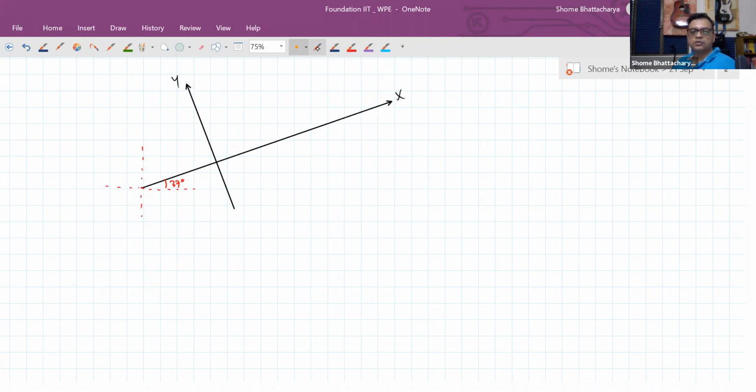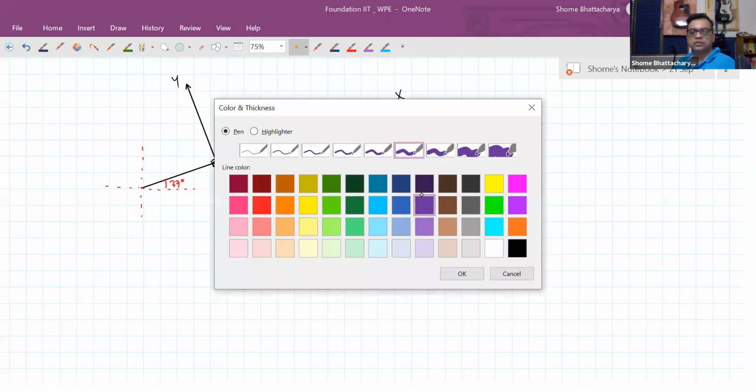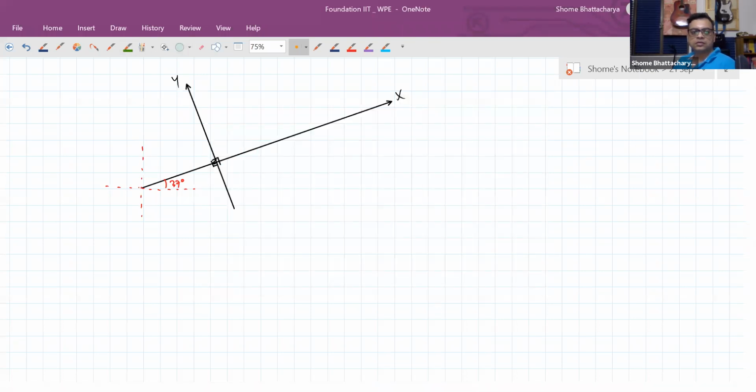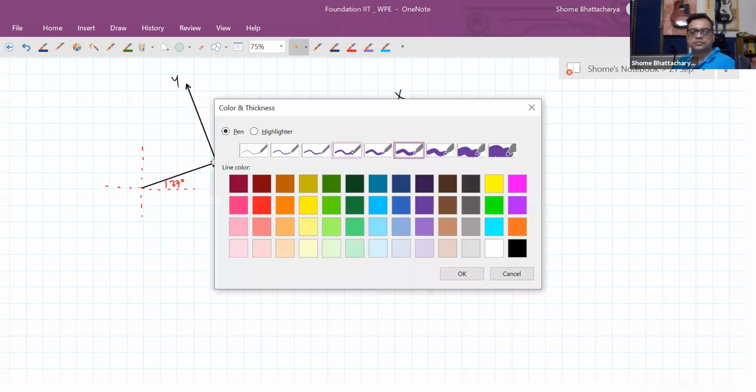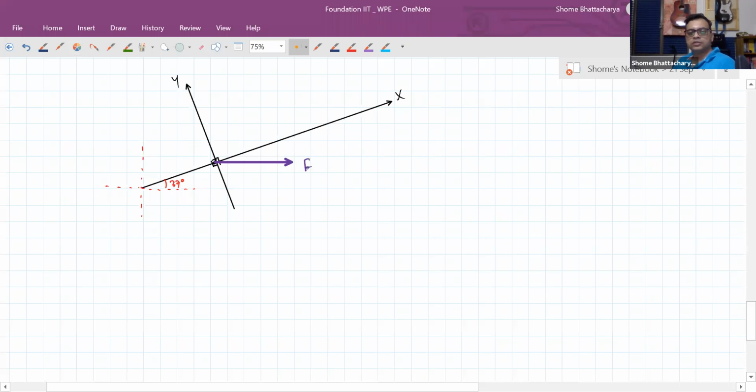So now on this block, the forces that were acting, let's come back to those. So this force that was acting, now this force was of magnitude 50 newtons. Okay, so this angle is 37 degrees.